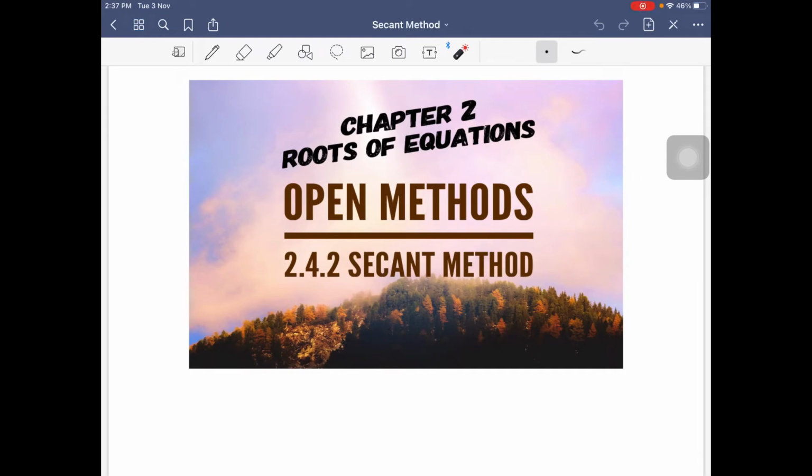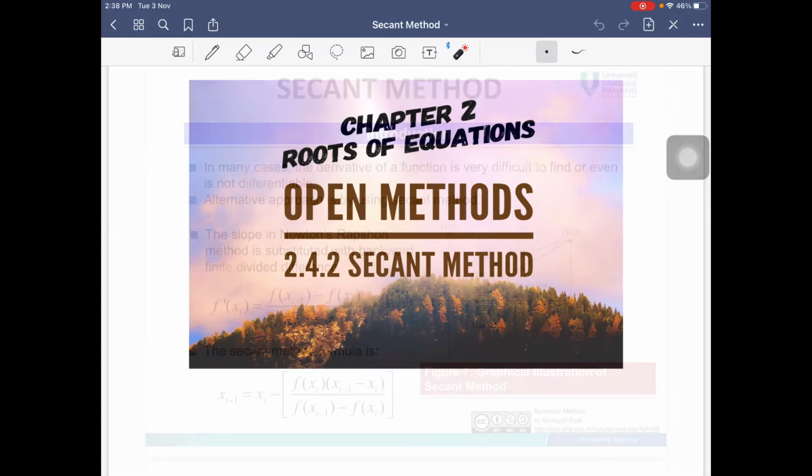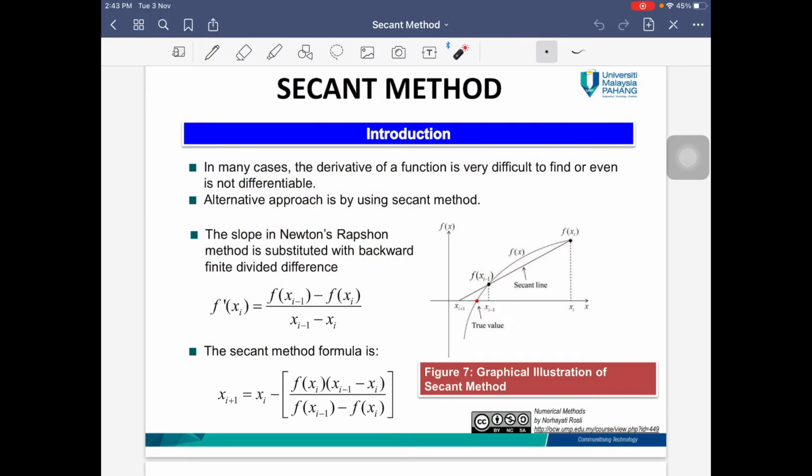Now we look at chapter 2, roots of equations. Open methods for secant methods. Secant methods. In many cases, the derivative of a function is very difficult to find or is not even differentiable.